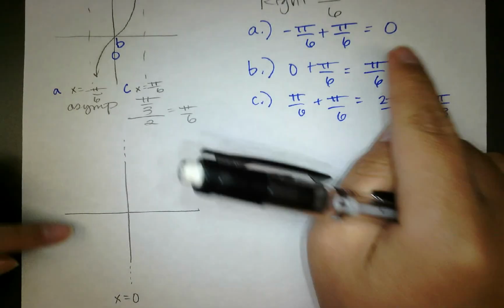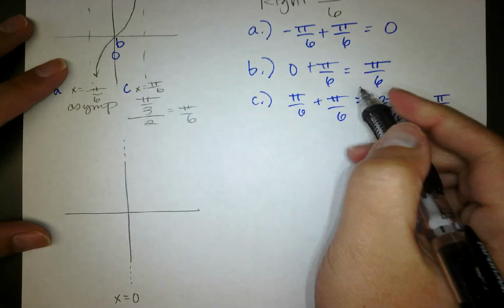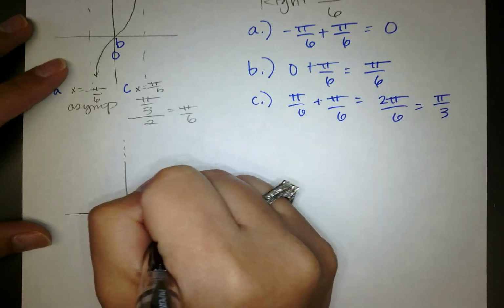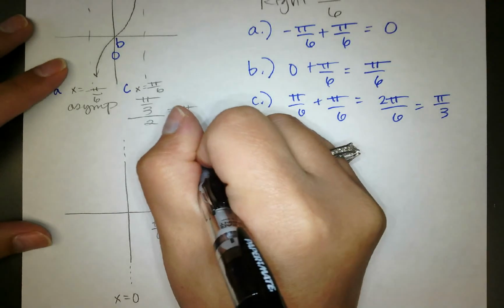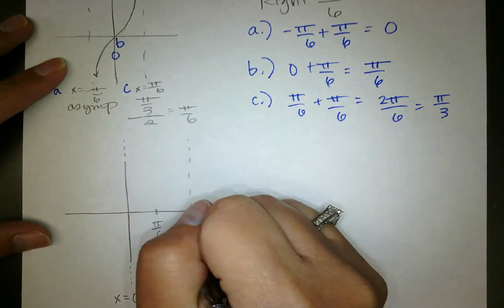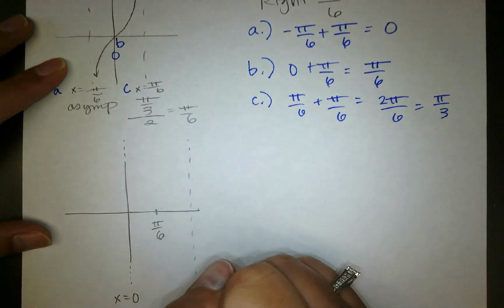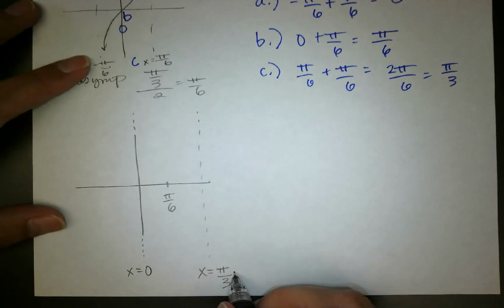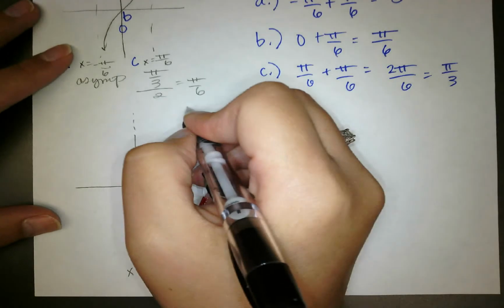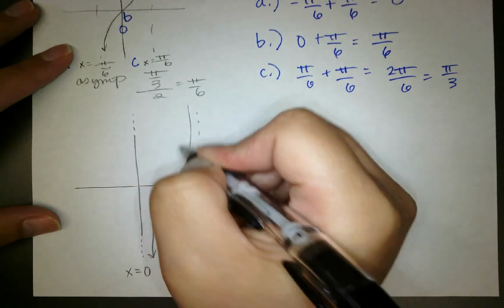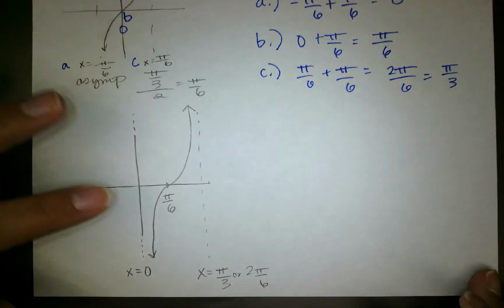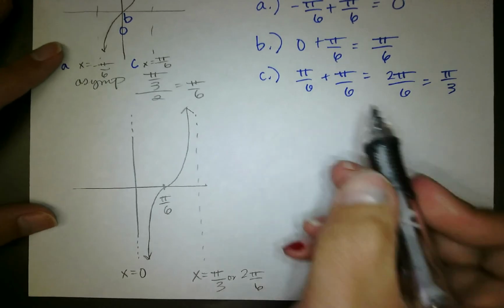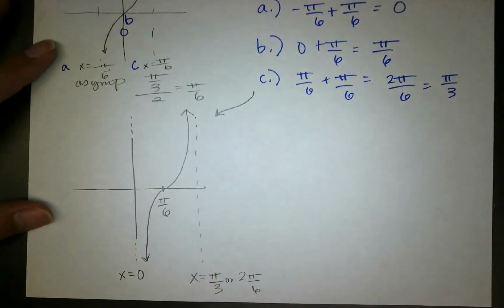So that's A. B is the middle, which is pi over 6. And then C is the other asymptote, which is pi over 3, or 2 pi over 6. I don't care how you label it. It's up to you. So then you draw your graph. There it is. There's the middle. Okay, so that was your left-right shift.